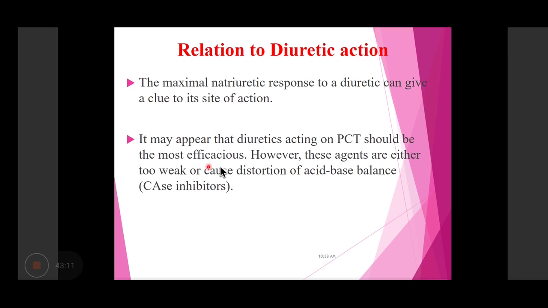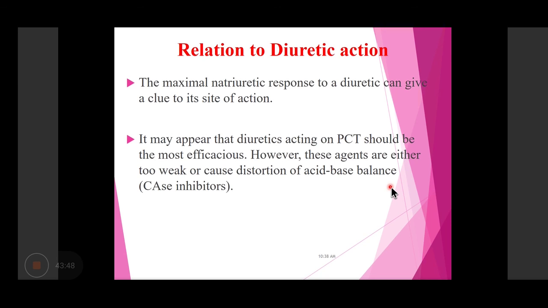So it appears that the diuretics acting on PCT should be the most efficacious. However, these agents are either too weak or they cause distortion of the acid-base balance, like I told you, due to bicarbonate. Also, if the PCT gets blocked due to one diuretic, the nephron has a compensatory mechanism where the later parts of the nephron, that is the loop of Henle, the DCT and the collecting duct, will undergo hypertrophy.